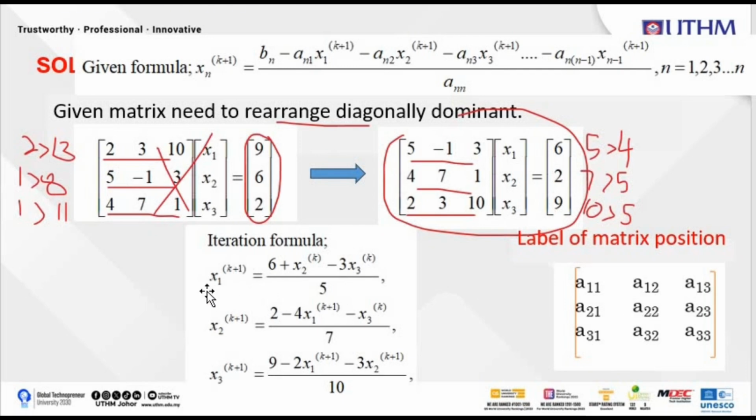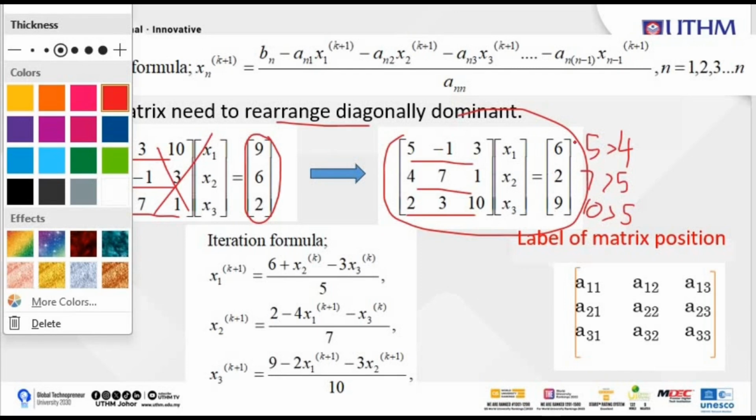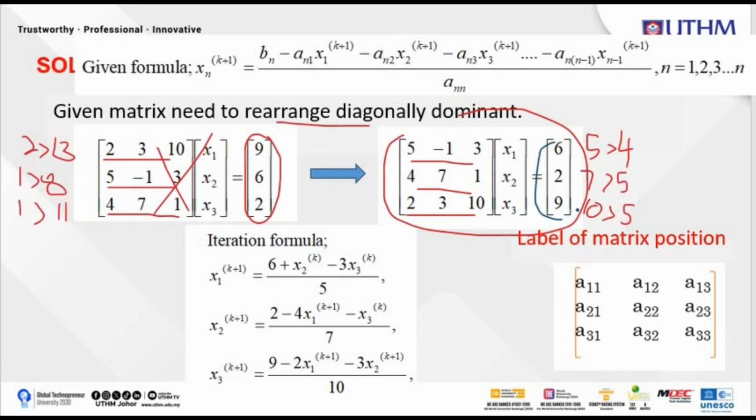Because we have 3 unknowns, x1, x2, x3, your iteration formula will have 3 equations. First, you look at x1. The first number here is b. What is b? b is the number on this side. Let me use another color. So this is b.